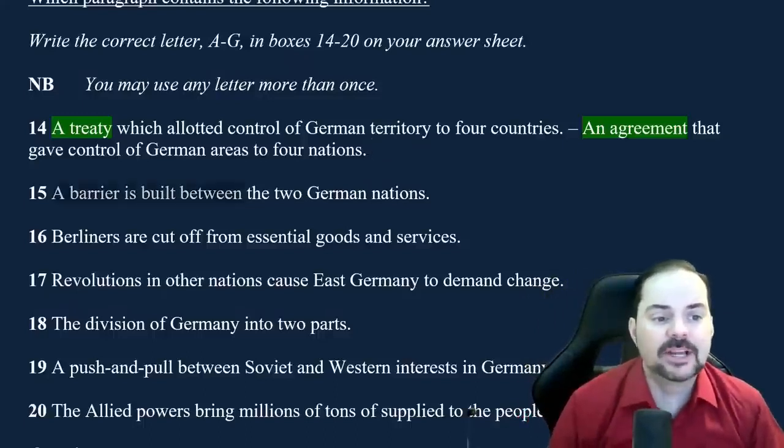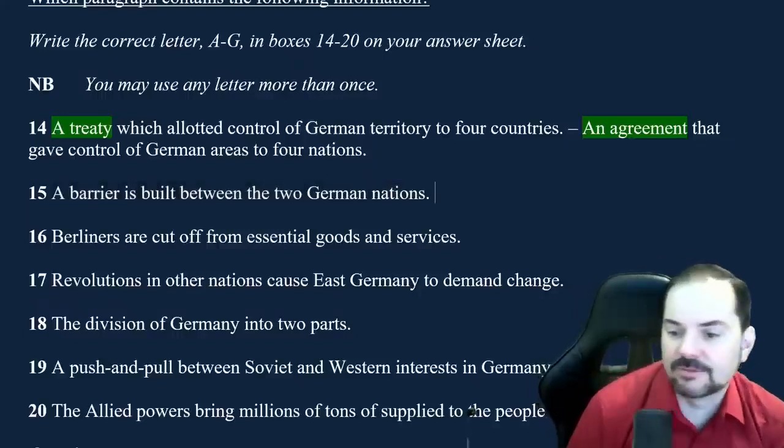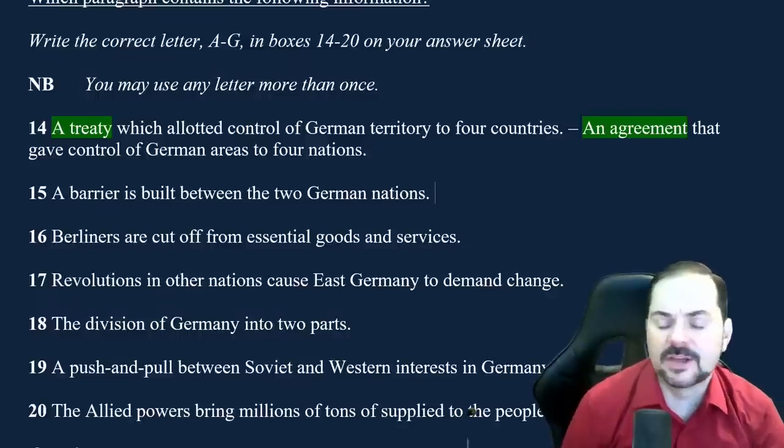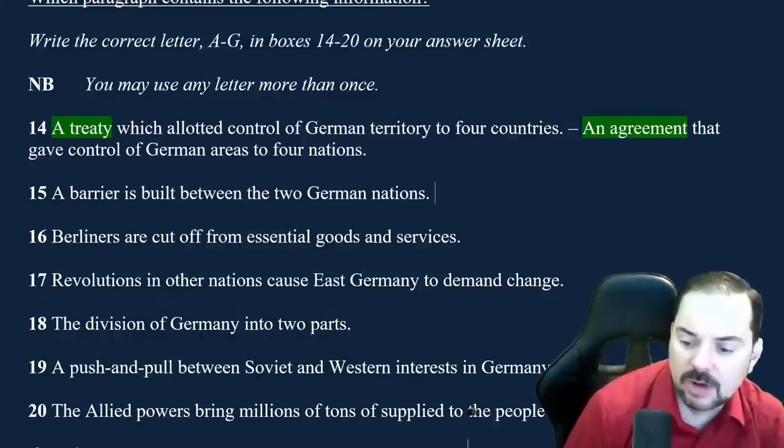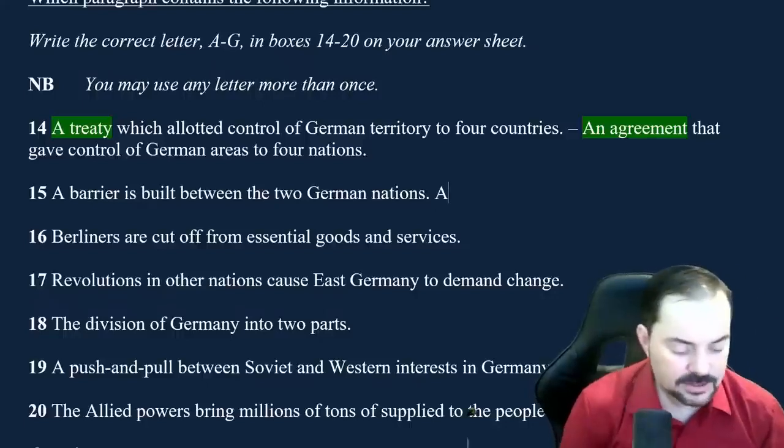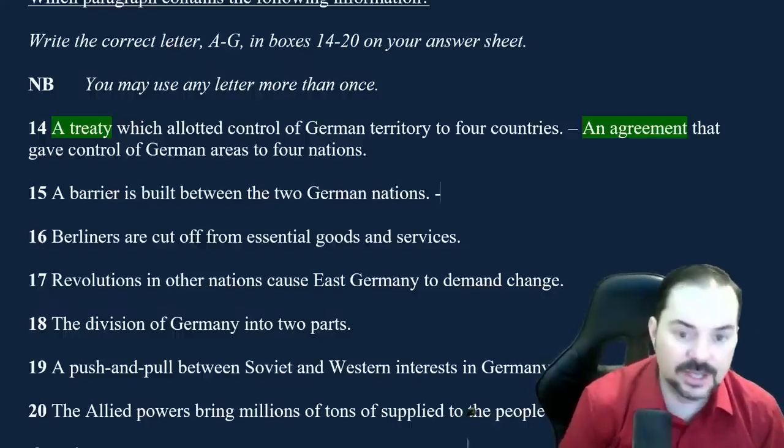A barrier is built between the 2 German nations. Paraphrase that for me, everybody. Say that in another way. Yeah, Amra, it's the Berlin Wall. You're right. Be confident, Amra. So simply a wall, and if you know it, then say it.